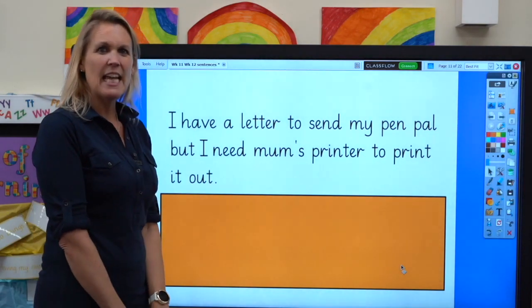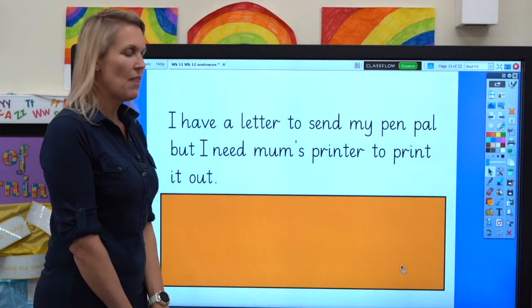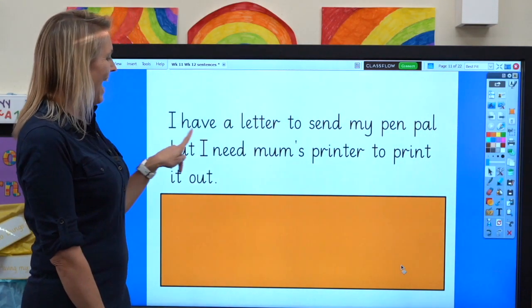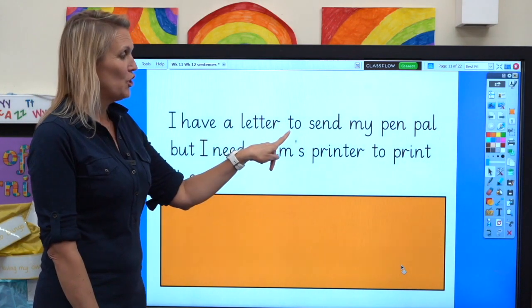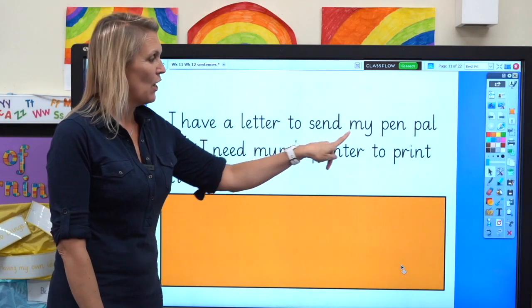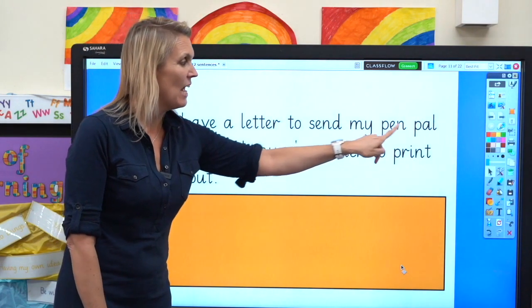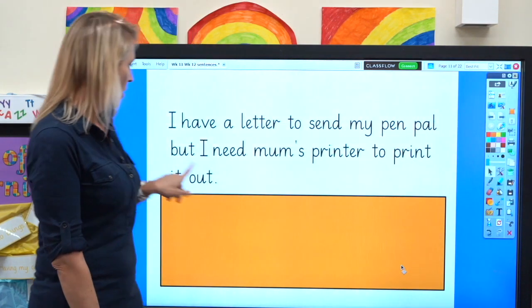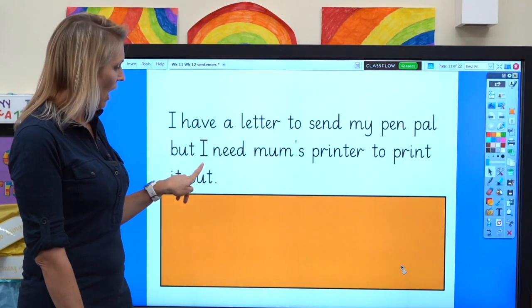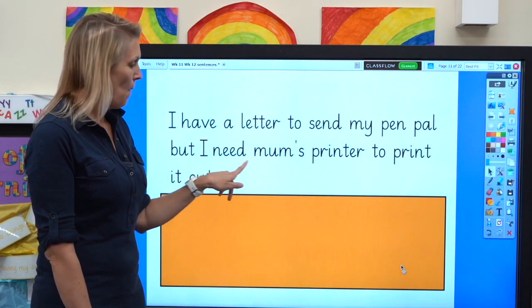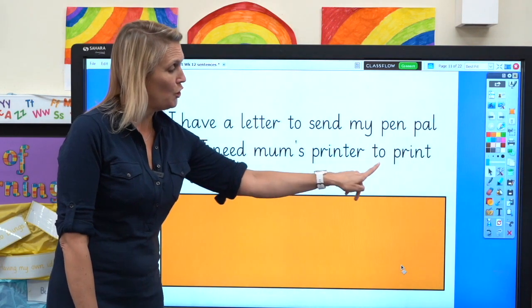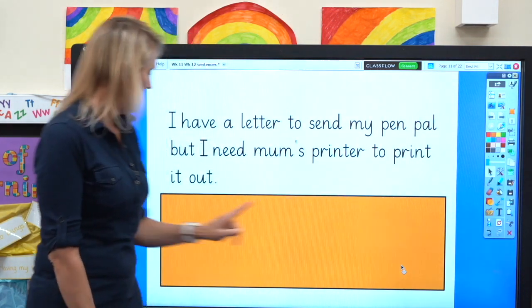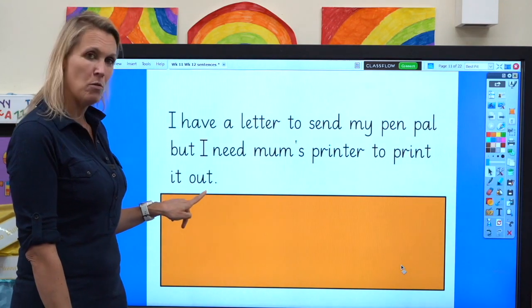Excellent reading. Now let's read the sentence together. I have a letter to send my pen pal, but I need Mum's printer to print it out.